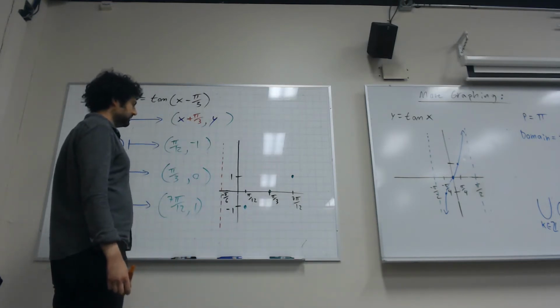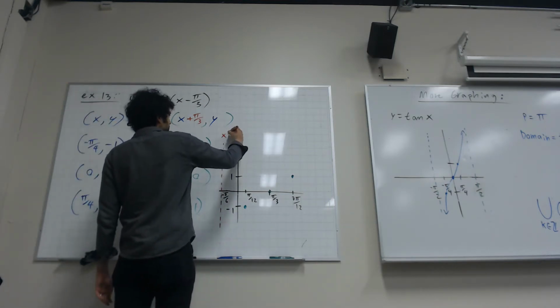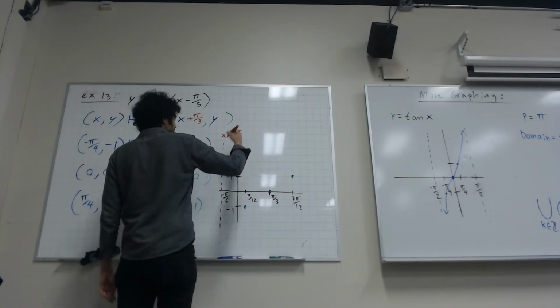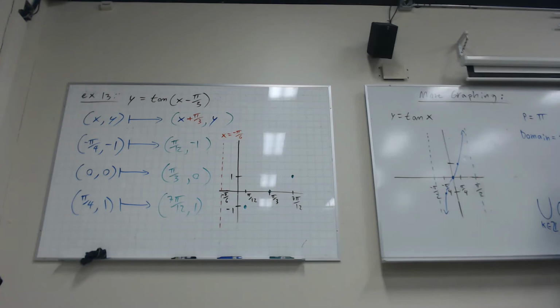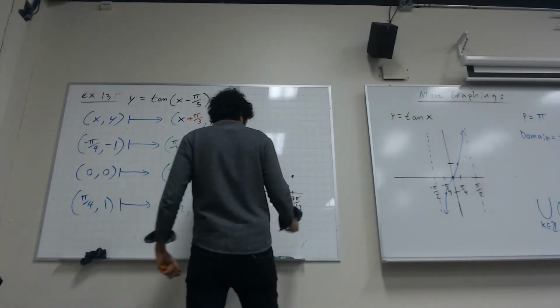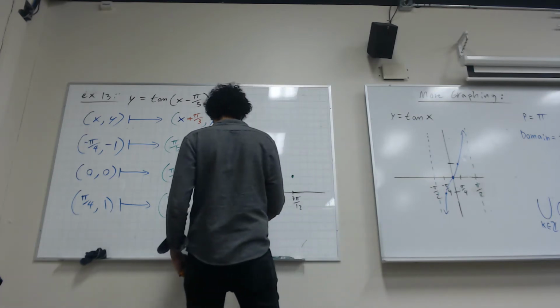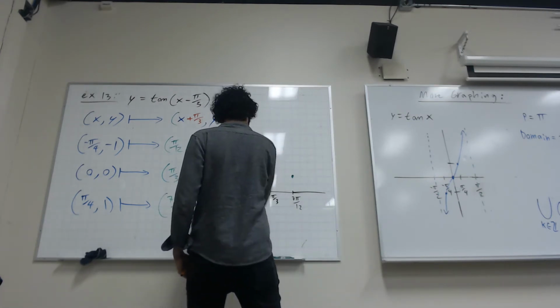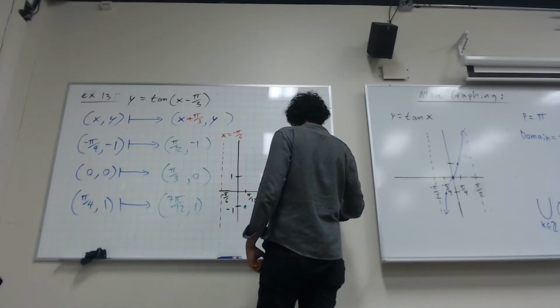And then what about the other one? It's good if it's unclear to actually label it. Pi over 2 plus pi over 3 gets you to 5 pi over 6, so that should be 3 away from this one.